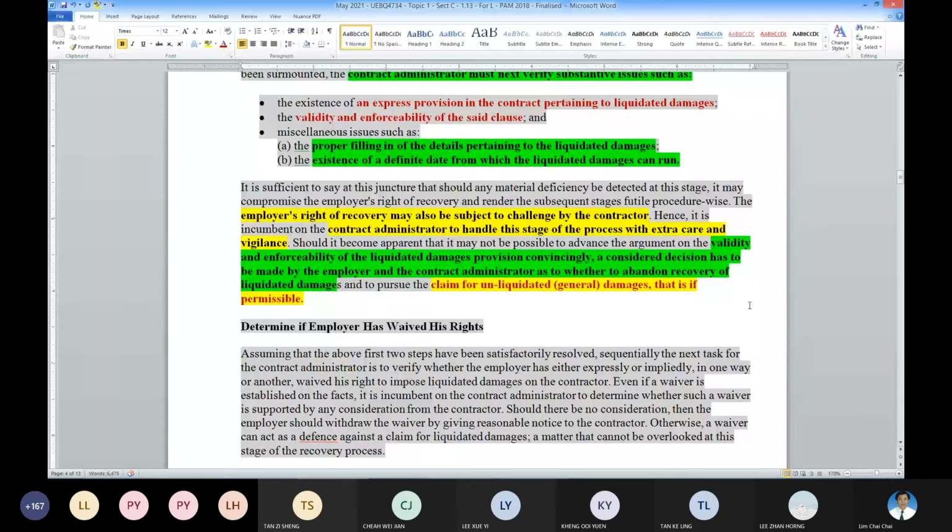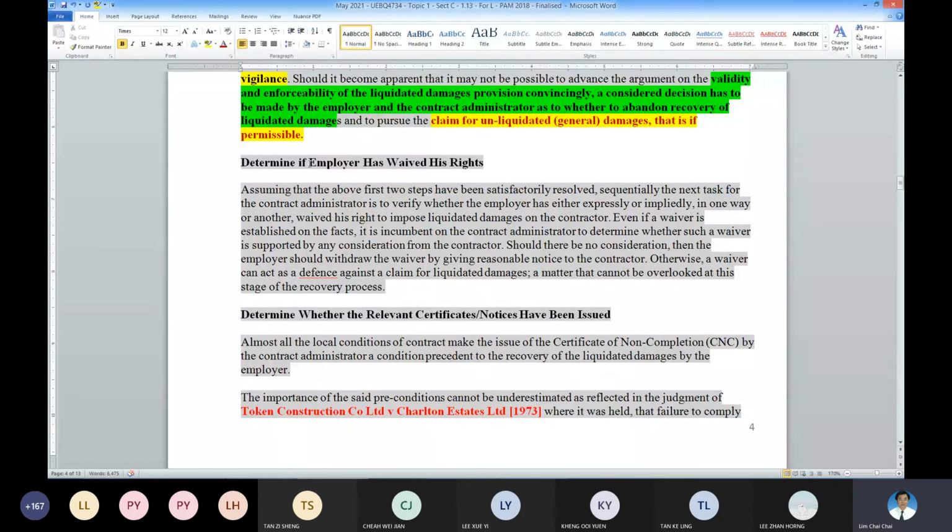So whether the employer waives the right, as I mentioned earlier, the employer is the only party that can take the money away from the contractor. The architect is the administrator of the project, to facilitate the employer's rights or to protect the employer's right.